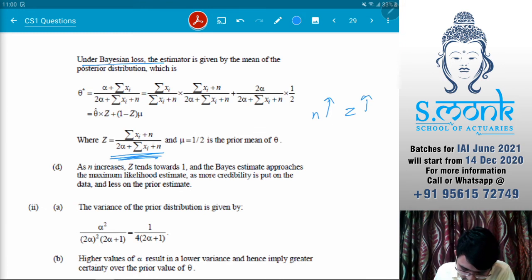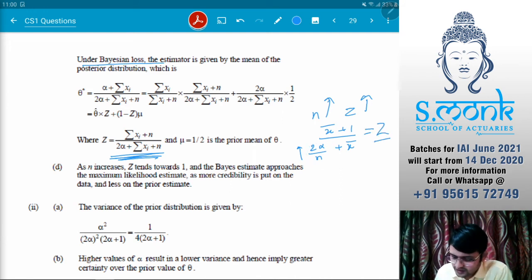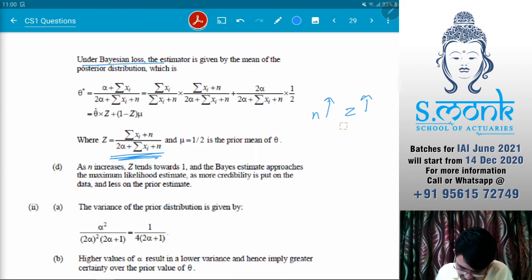So for that you would divide the whole factor by n and you will get x bar upon 2 alpha by n plus x bar. Here if I increase my value of n, my denominator decreases. If the denominator decreases, then z increases. So clearly as n increases, z increases.